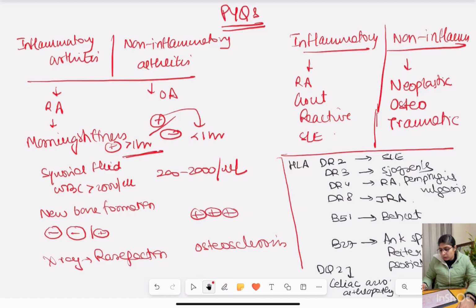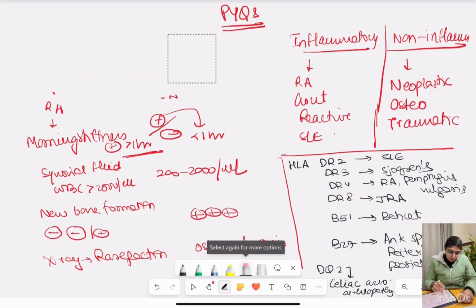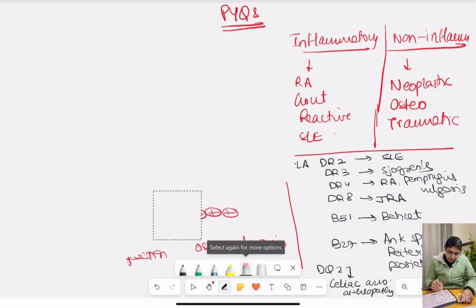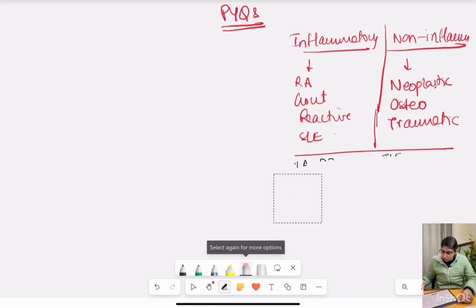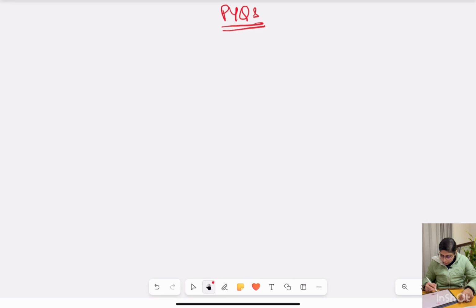Celiac is a gluten sensitivity disorder, and it can also present with arthritis joint-like features because it is an autoimmune condition again. So that is associated with HLA DQ2. Very good. Now what is the pattern of joint involvement?